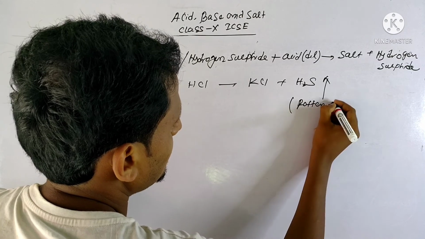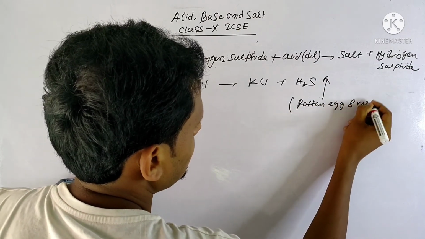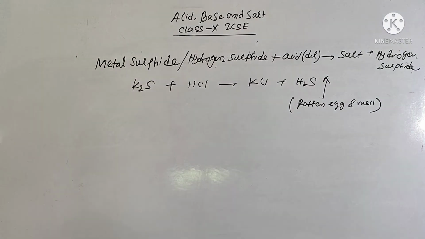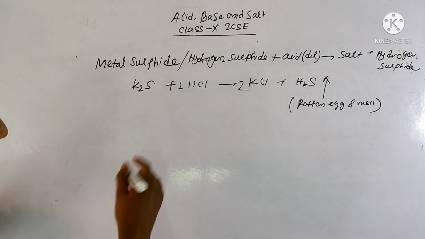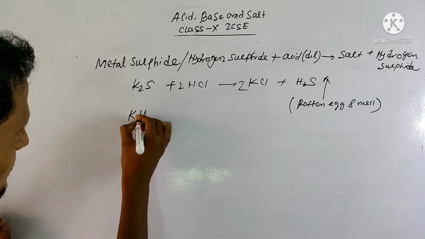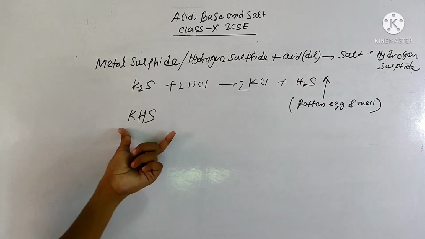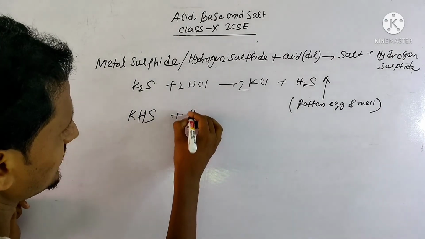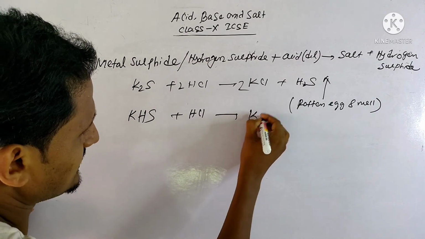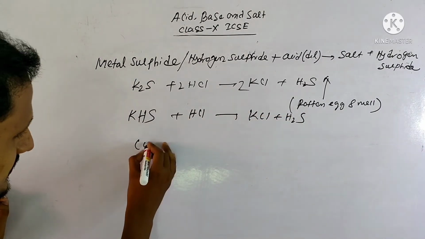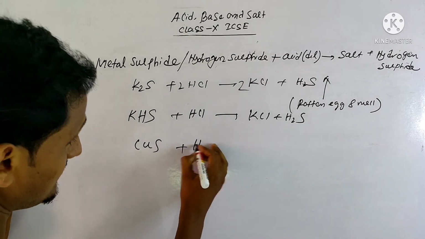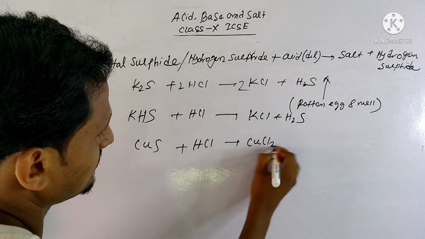You can balance this one to KCl with this. Next, if potassium bisulfide KHS reacts with HCl, the same thing will be there: KCl plus H2S will be formed. Copper sulfide CuS reacts with HCl to form copper chloride plus H2S.